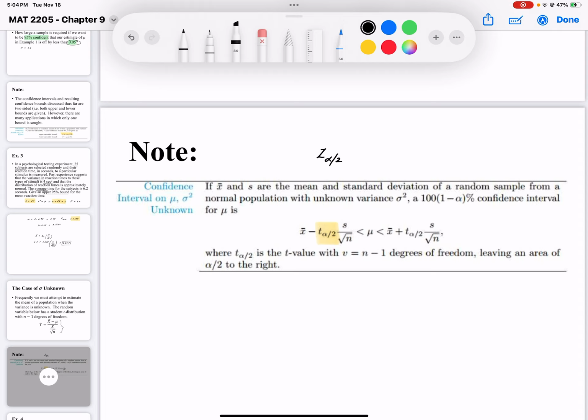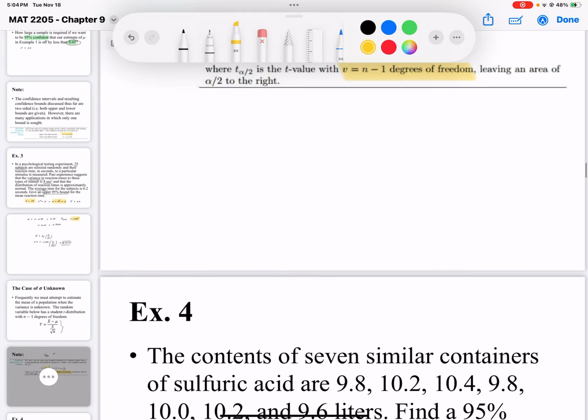Our sigma, or our population standard deviation, has been replaced with S, our sample standard deviation. Everything else is the same, but notice when we go to the t-chart, we also do need the number of degrees of freedom, which is always our sample size minus 1.